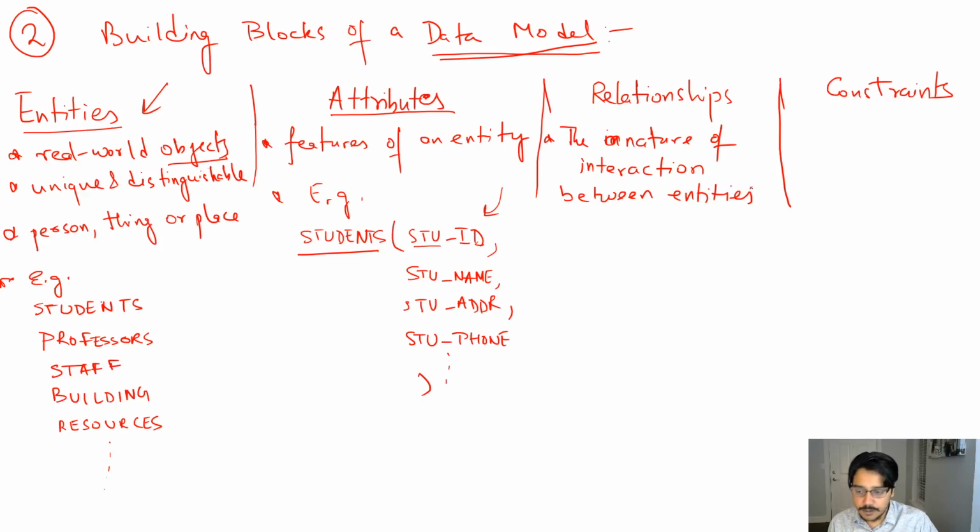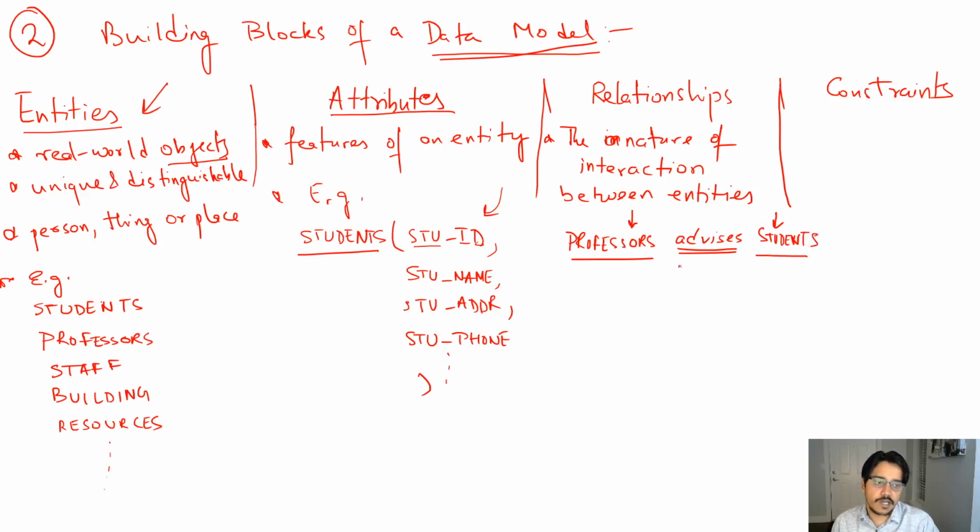So some examples of relationships could be something along the lines of professors advises student. Okay, so this advises is a relationship between two entities, which are professors and students.